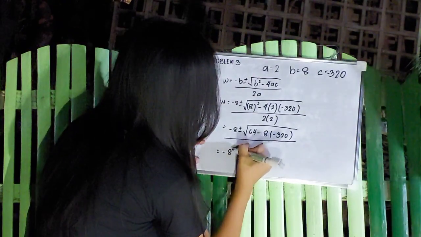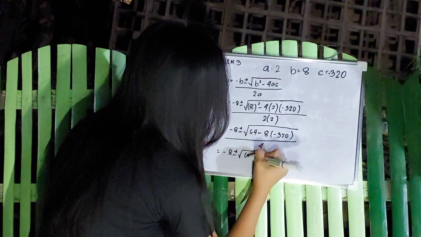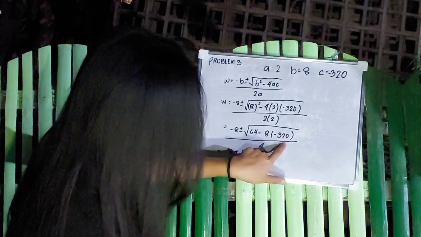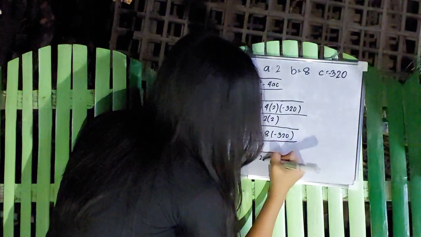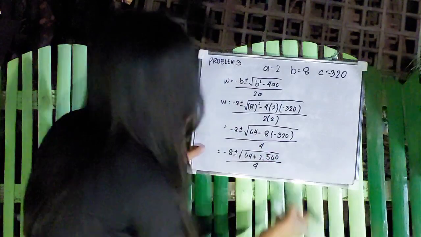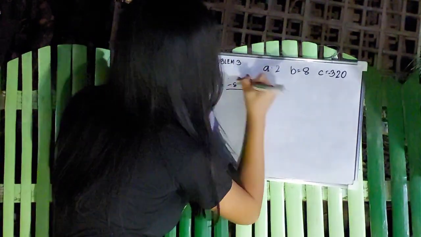Next up, we have negative 8 plus or minus 64. So negative 8 times negative 320 is positive 2,560 over 4. Let me just rewrite this.